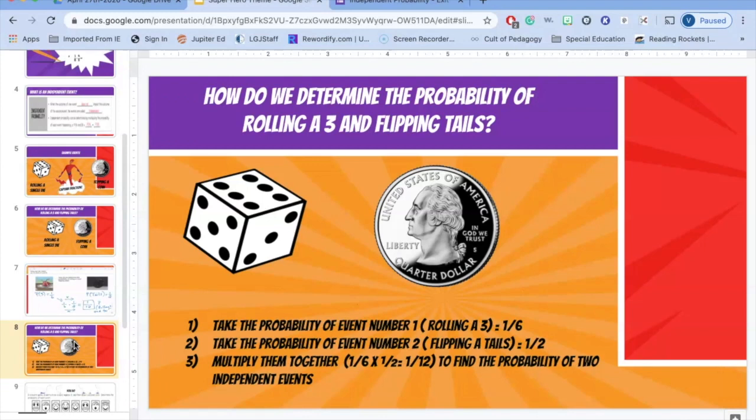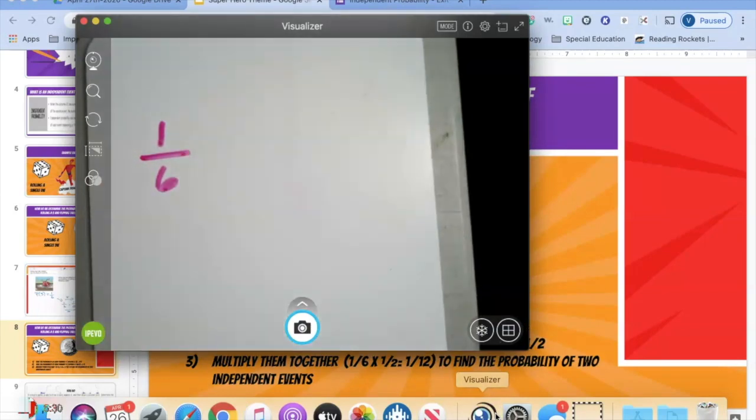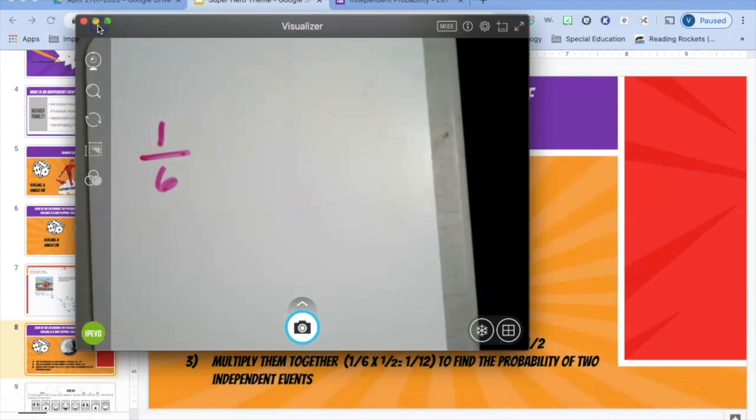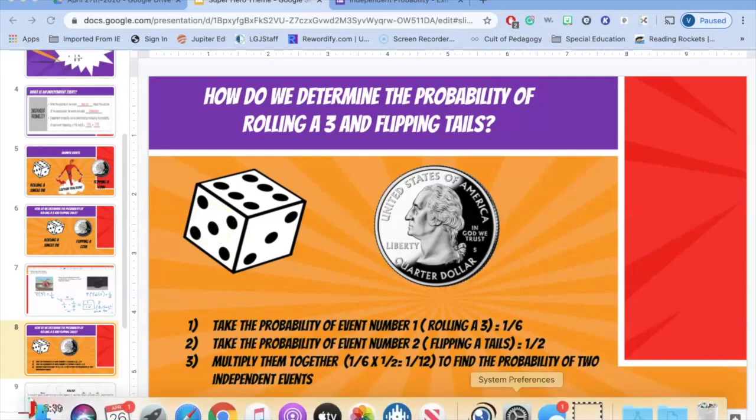So I put this in easy steps for you. How do we determine the probability of rolling a 3 and flipping a tails? Let's look at these steps. I take the probability of event number 1, which was rolling a 3, and I made it into a fraction. So the probability of rolling a 3 is 1/6. And then I take the probability of event number 2, which was flipping tails, which is equal to 1/2.